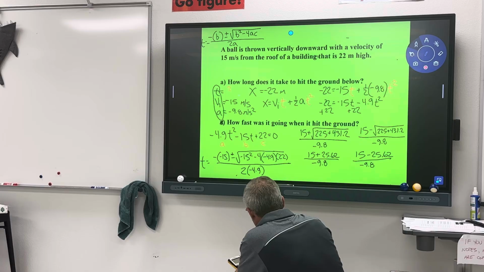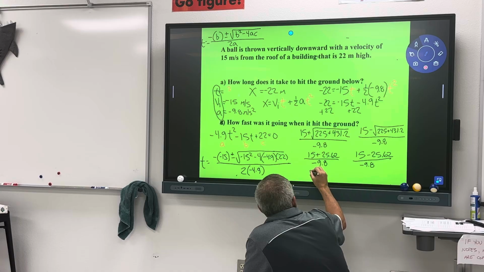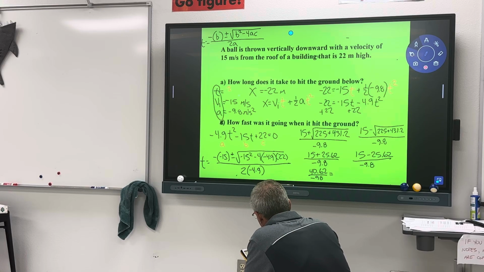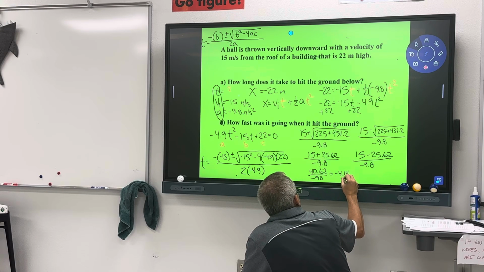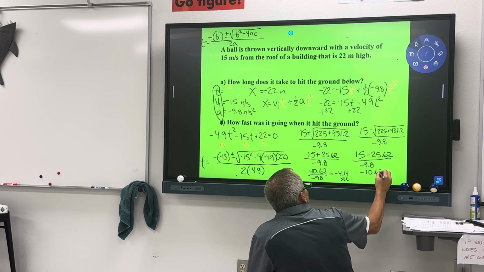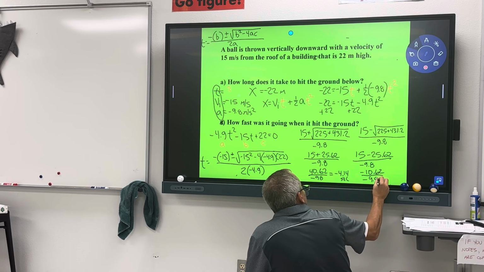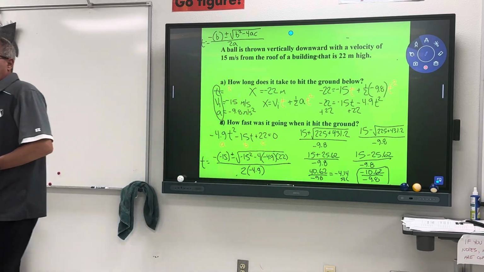If I was to clean this up, this is going to be 40.62 divided by negative 9.8, which is negative 4.14 seconds. And this is going to be negative 10.62 divided by negative 9.8. And does this look familiar? We just did that, didn't we?